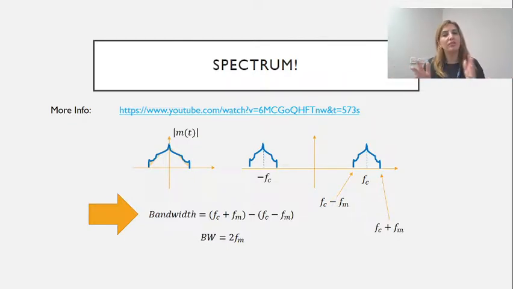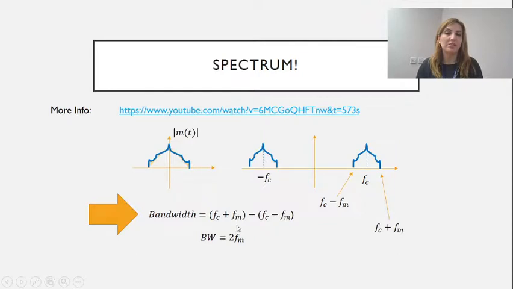A rough idea: I will go from FC minus FM on the left side, by the amount of the frequency of my modulating data, and on the right side the same amount, FC plus FM. So if I want to measure from the start to the end of my bandwidth, it will be FC plus FM minus FC minus FM.